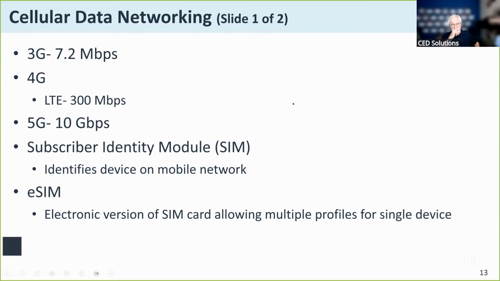The generations of the cellular networks now have come all the way up to 5G, fifth generation and beyond. Very high speed. As of the 4G LTE, the long-term evolution 4G, it's much higher speed, upwards of 300 megabits per second as far as the data speed.